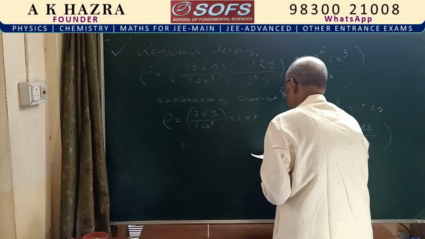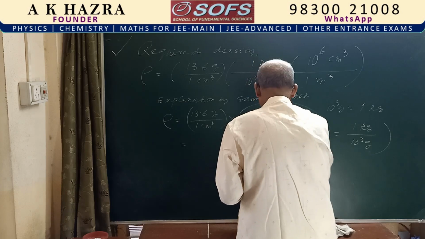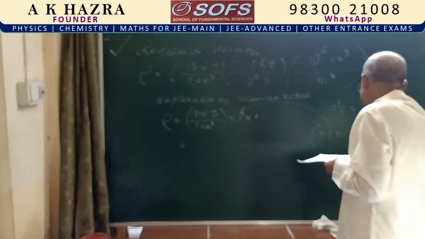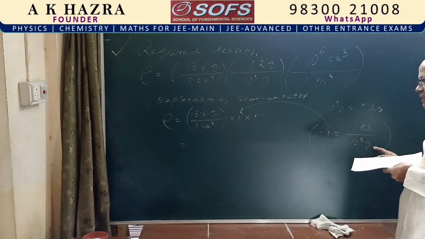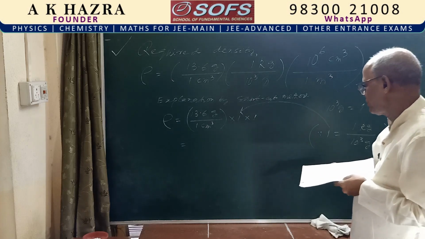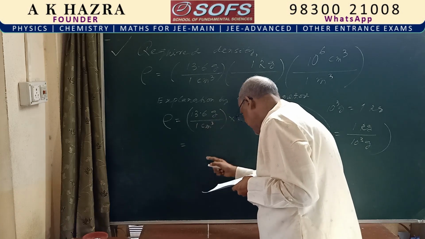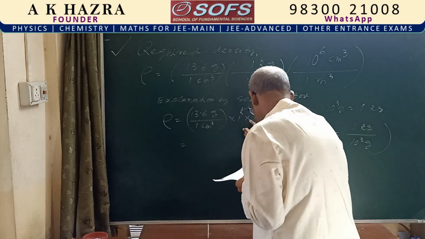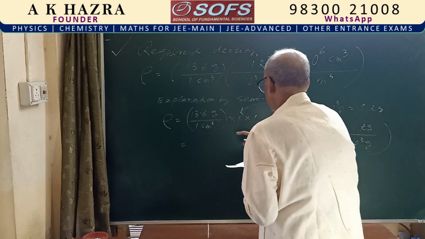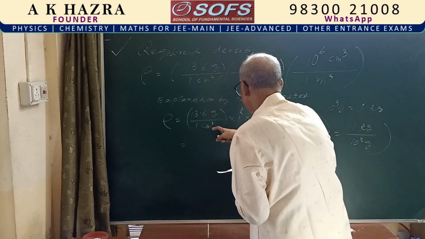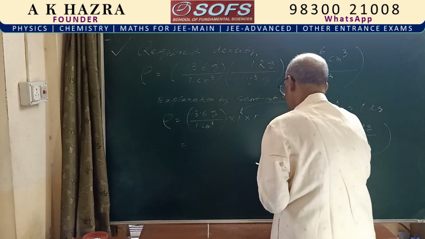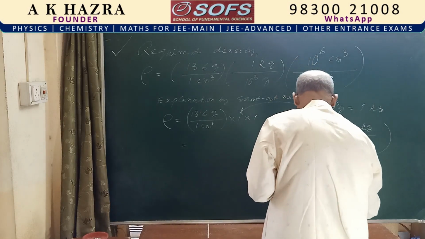So this one is replaced by 1 kg by 1000 gram. Since it is 1, there is no change, equality will hold. But next we have to cancel cubic centimeter and we need cubic meter in the denominator.